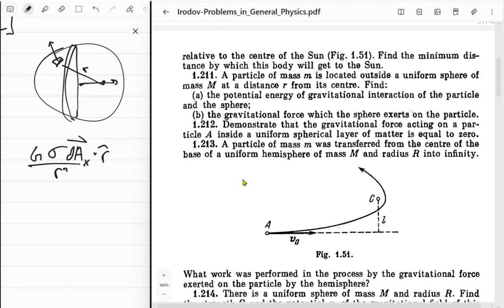Am I going correct in what I'm doing right now? I have no idea. Basically what I'm doing is making this whole thing become something like a disk, but not exactly. That doesn't work like that.